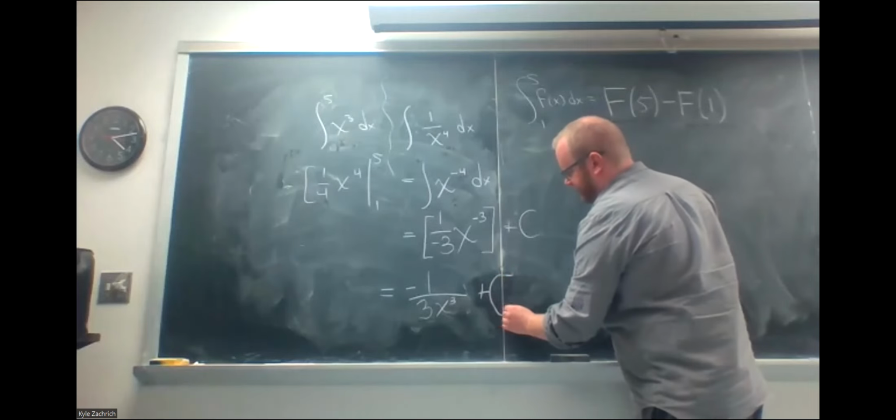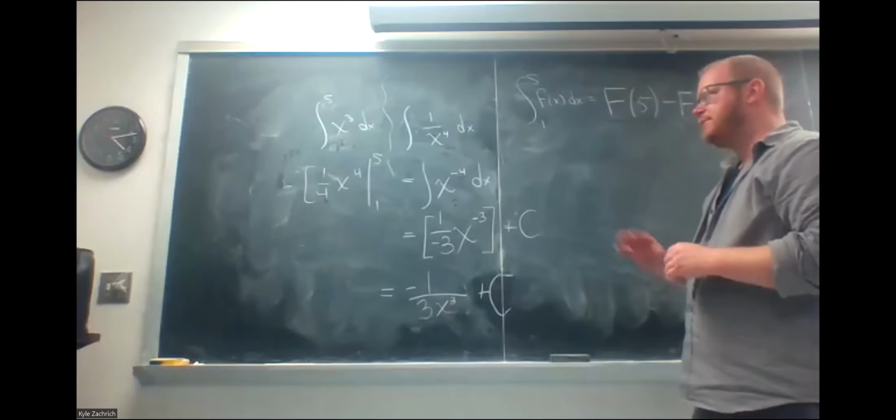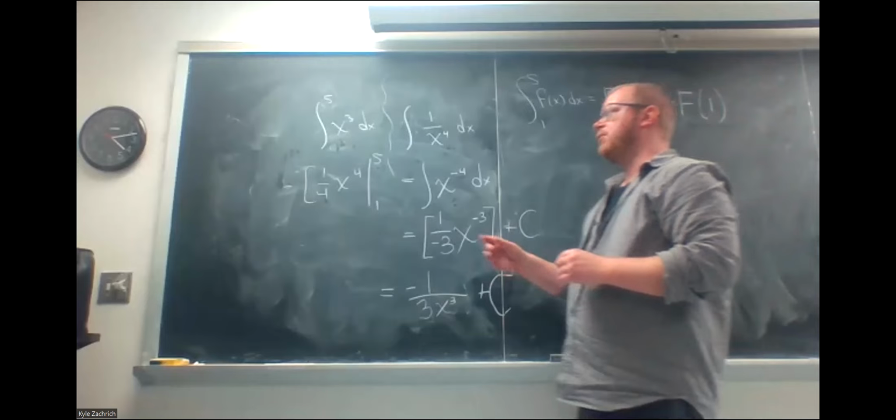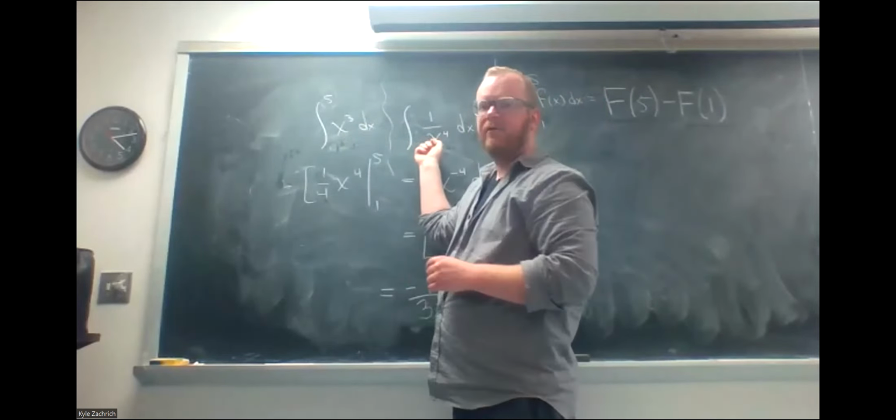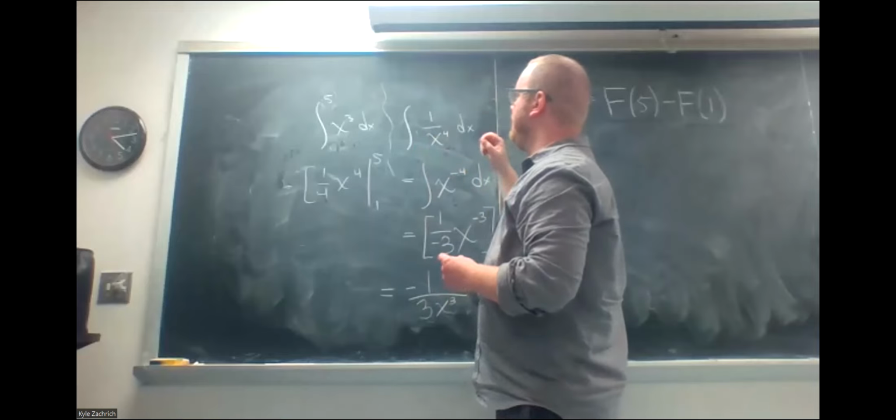Still that plus C there. That's the basics of doing integrals. Most of the time, you just need to use one of those easy 5 rules that I wrote down for antiderivatives.